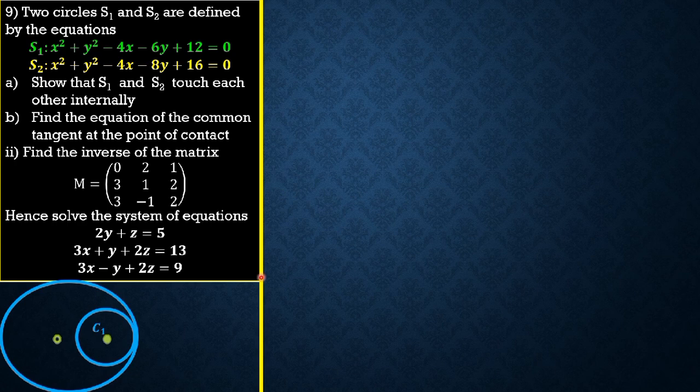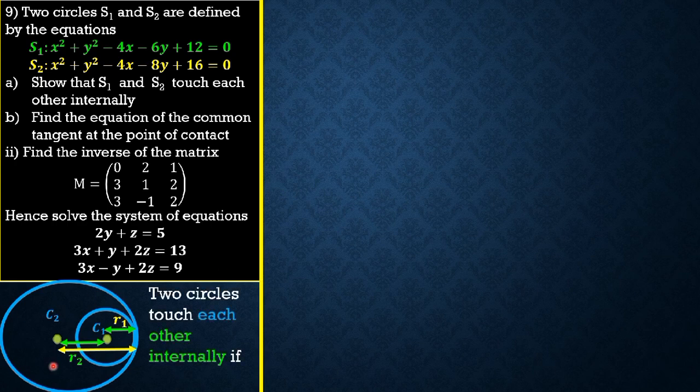Then the big circle has the center of this form, and we can call it C2. Now, let's simply represent the radius of C1 as R1, and the radius of C2 as R2. Now, let's represent the distance between the centers of the two circles.